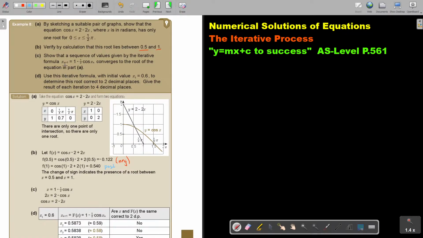Then we go on. Show that a sequence of values given by the iterative formula converges to the root of the equation in part A. Basically, I'm taking the formula they gave, and I see if I can go back to the original one. Now, the original one was this.